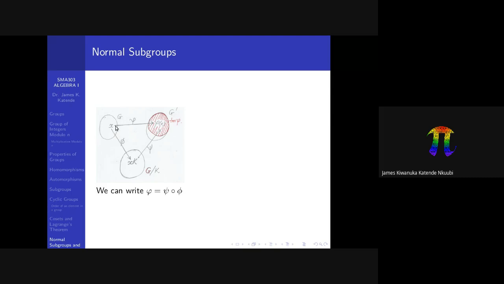I think we defined that, the canonical map which sends a group to its factor group. I think we showed earlier that its kernel will just be K itself. The map from G to the factor group by K, its kernel will just be K.